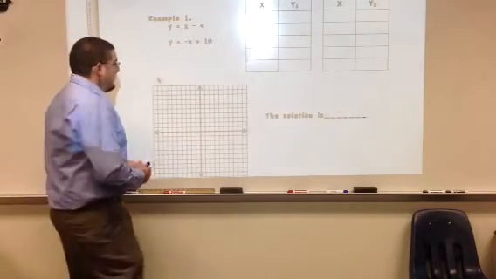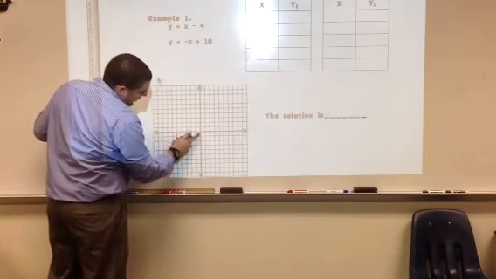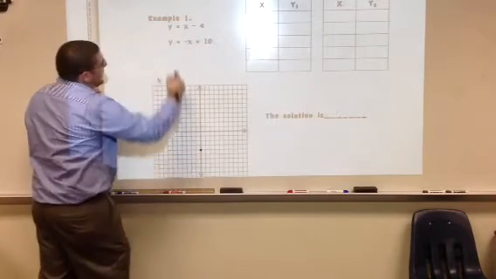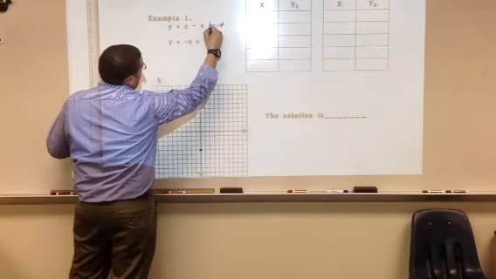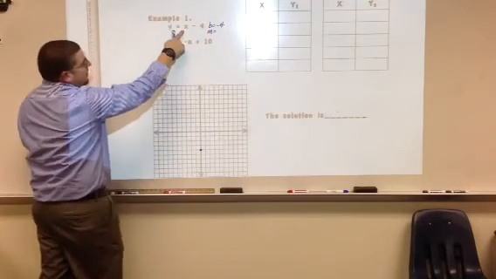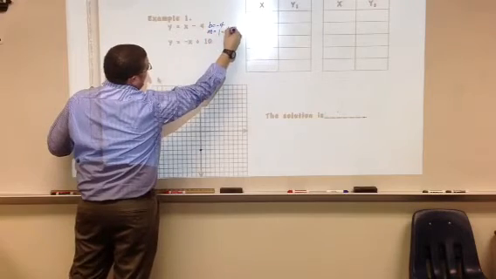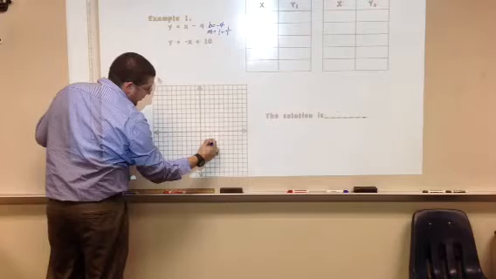So what we're going to do is the first line, we're going to go to our y-intercept, -4. So 1, 2, 3, 4, plot a point. Then we're going to look at the slope. So b is -4. The slope is, there's no number in front of x that we can see, so it must be 1 or 1 over 1. So we're going to go up 1 over 1, up 1 over 1.